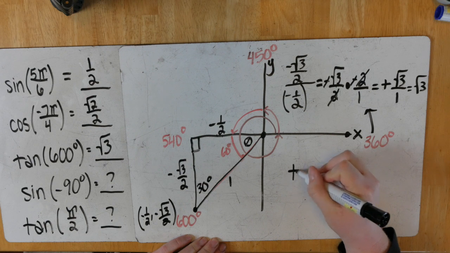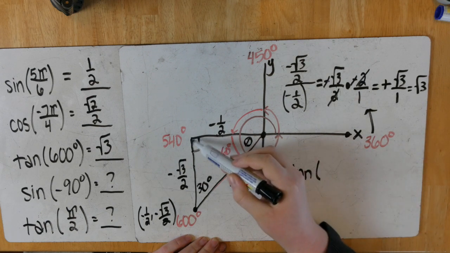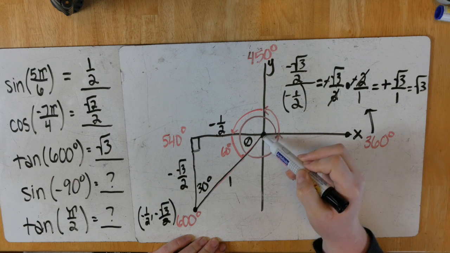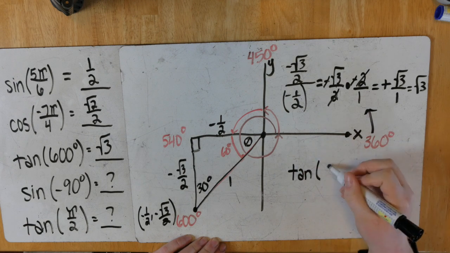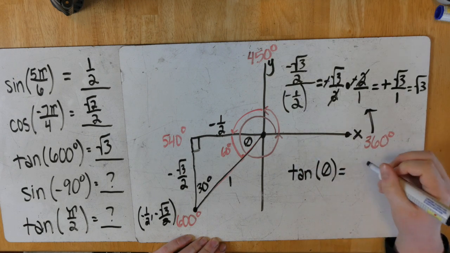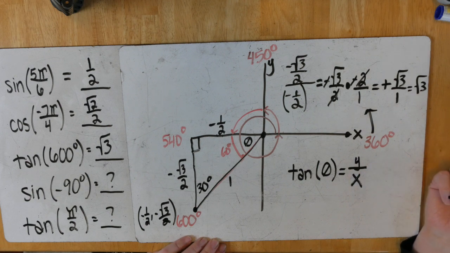In the unit circle, anytime that we have a reference triangle lined up properly in the unit circle or on the XY coordinate grid, we get that the tangent of theta is equal to y divided by x. That's the tangent pattern.